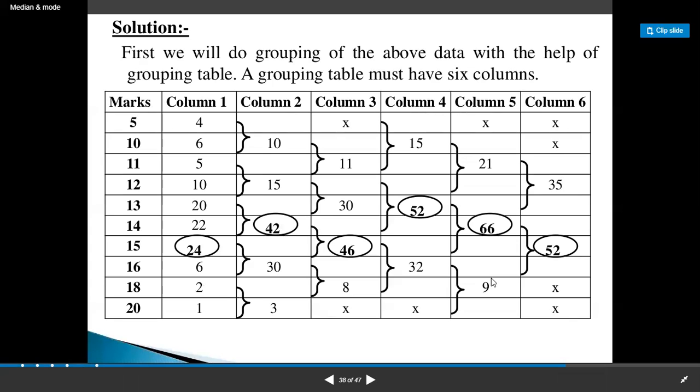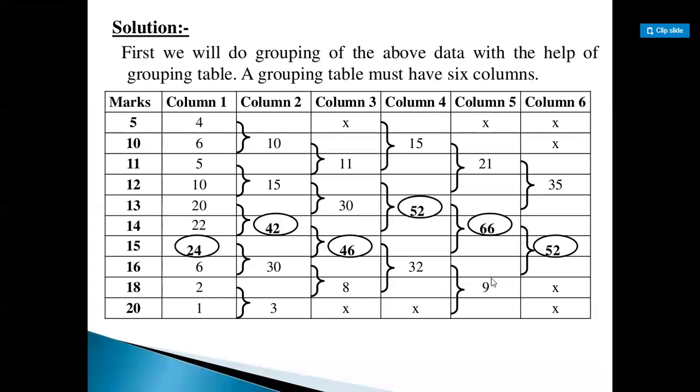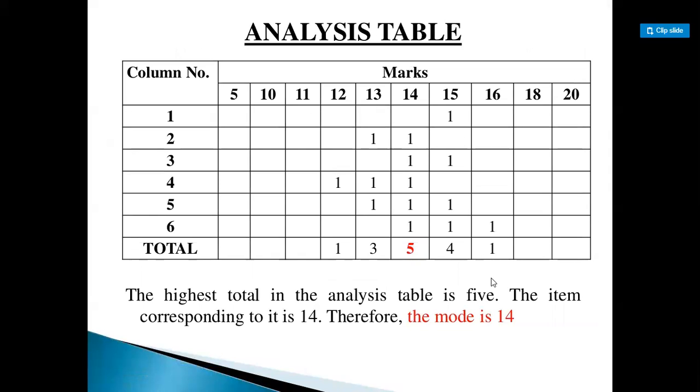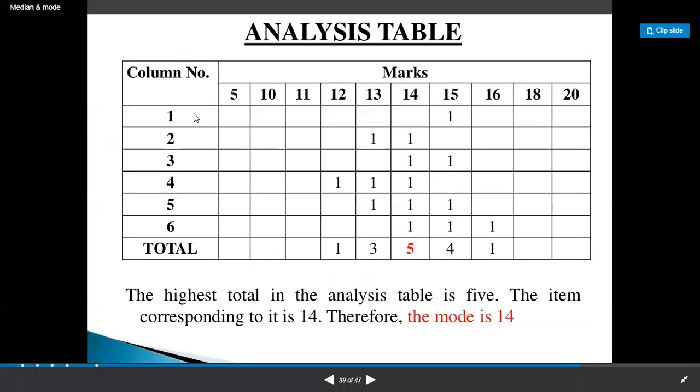So like that, we have to calculate all the columns, and then we have to make the analysis table. In the analysis table, you can write 1 or you can use tick marks. Here the marks are written, and the number of columns are 1, 2, 3, 4, 5.